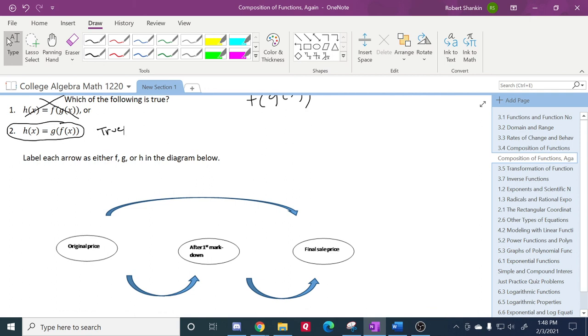Put your answer in your group chat, but don't hit enter yet. Okay, go ahead and hit enter. You can chat about it for a little bit.